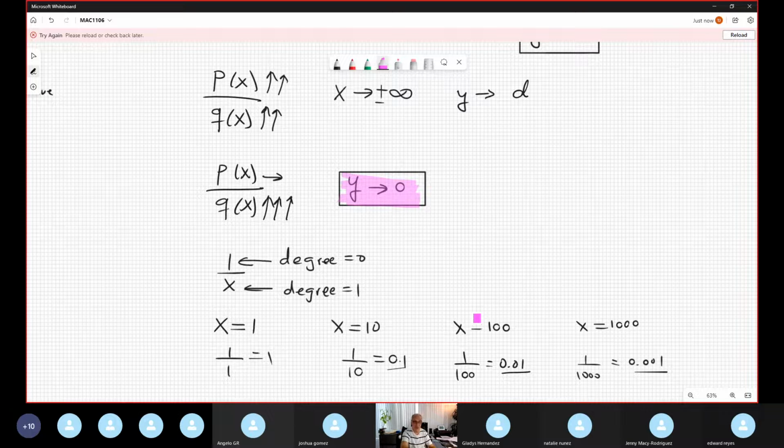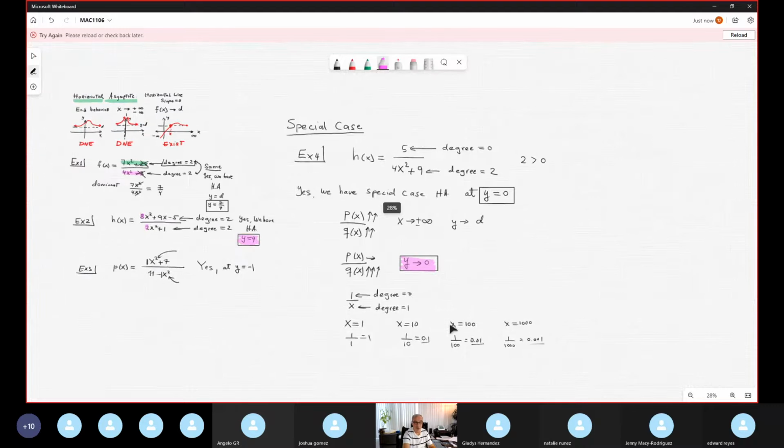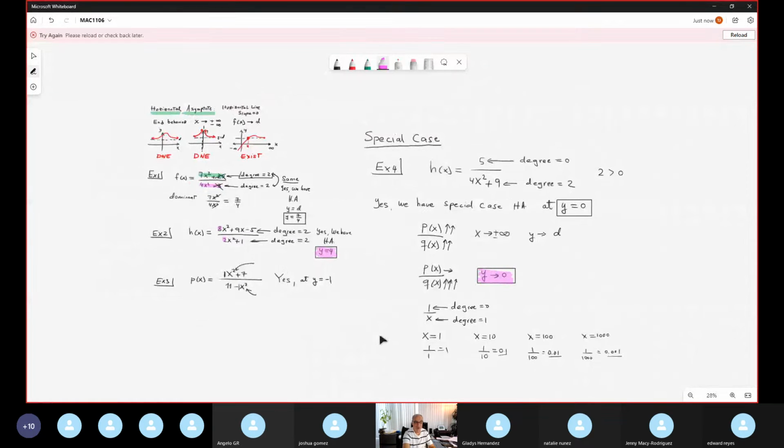Yes. Excellent, beautiful. Now I bring one example to illustrate very well everything about horizontal asymptotes and any complication in the analysis of the degree. First of all, I will give you one rational function.